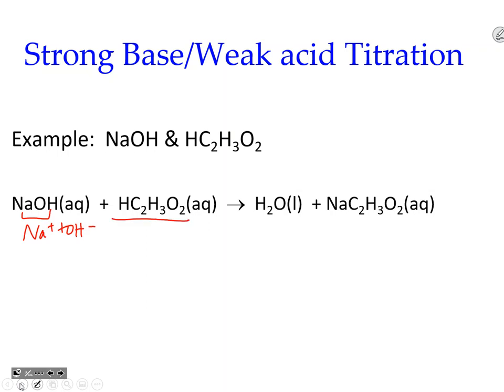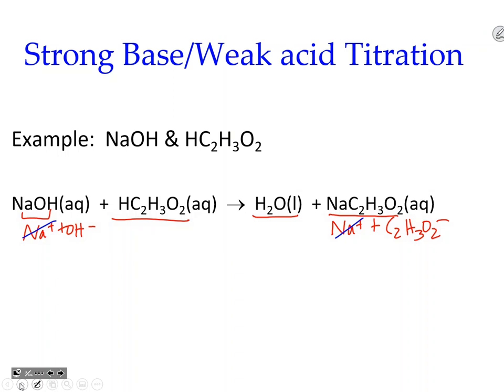The acetic acid, though, is a weak acid. It does not separate. You have to keep it together because only a small fraction of it actually ionizes. The water stays together. The sodium acetate, though, does break apart. On the solubility rules, acetates are always soluble. So if you look here, the only spectator is sodium. It cancels.